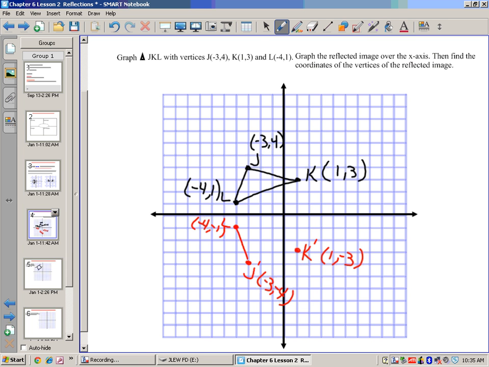And then we're going to draw our new image. And there you have your reflected image of triangle JKL. If you notice, each vertex is the same distance away from the x-axis on either side. The L is 1 away, the J is 4 away, and the K is 3 away.